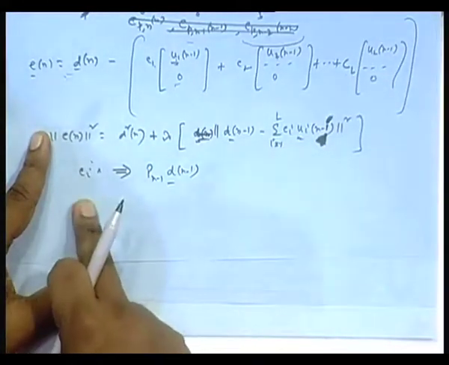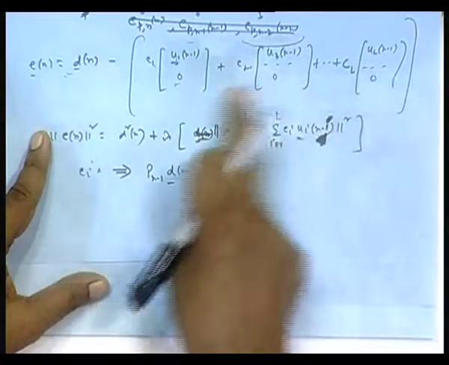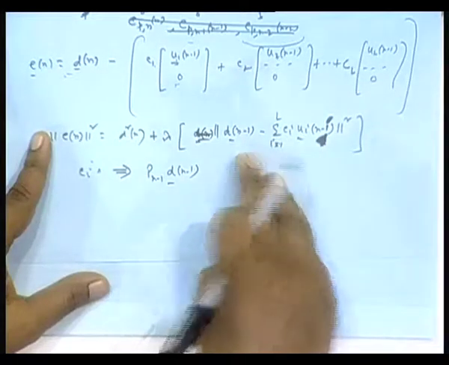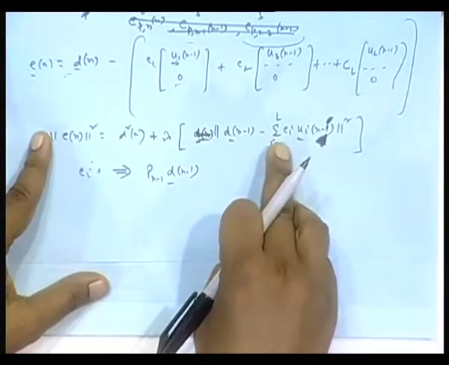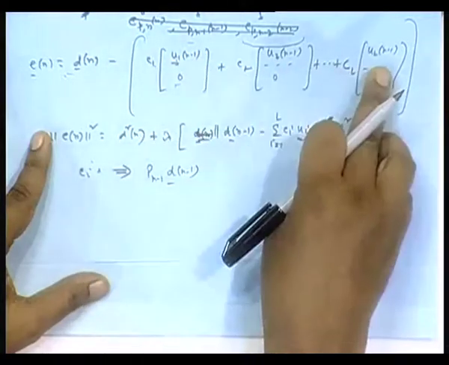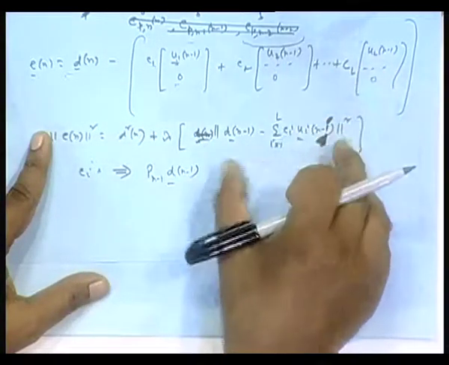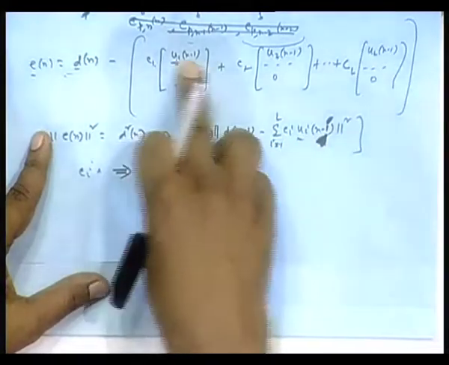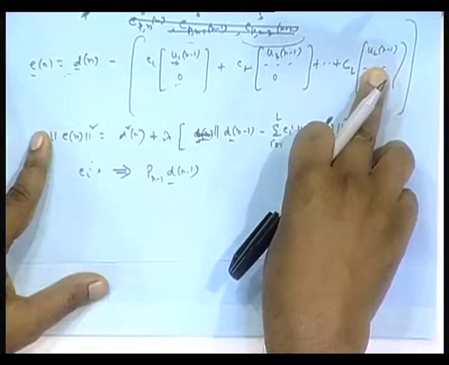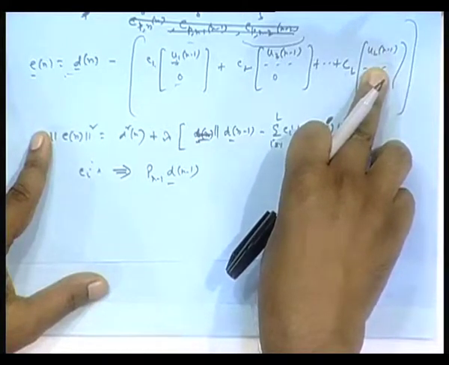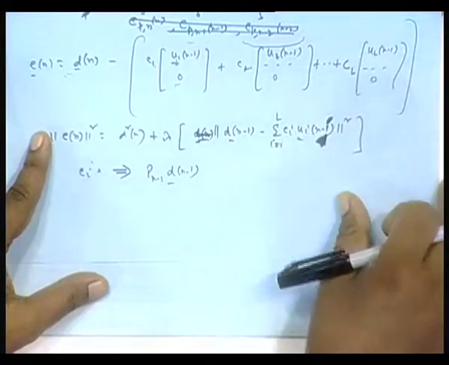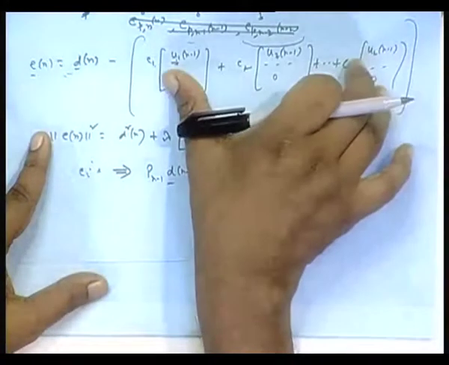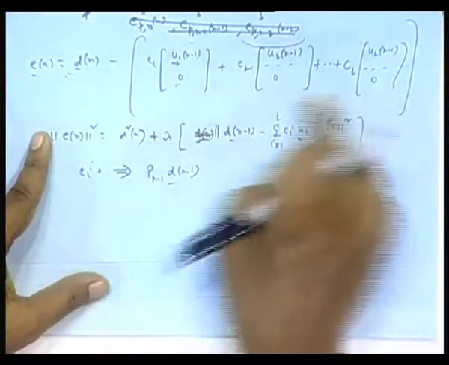You are getting the same set of combiner coefficients, because the minimization comes from here. It is like minimizing the norm square of the difference between the vector d n minus 1 and a linear combination of u1 n minus 1 to uL n minus 1. That is what you do when you project d n minus 1 orthogonally on the space spanned by u1 n minus 1 to uL n minus 1, right? So those combiner coefficients you get. Now using them, you are combining them. The last one will give rise to 0, with all zeros.